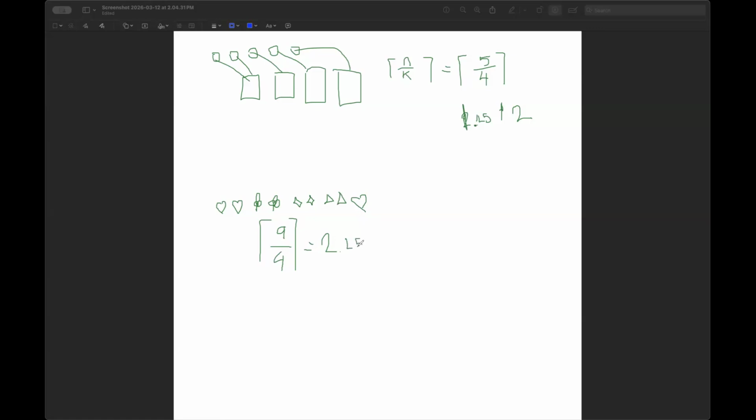And the ceiling means that because there's a decimal value, I'm going to go up to 3. And that means I have 3 cards of the same suit. That's going to be these 3. All right? Got a heart here, and a heart here, and a heart here. So it requires 9 cards to absolutely guarantee that I'll find 3 of a kind.